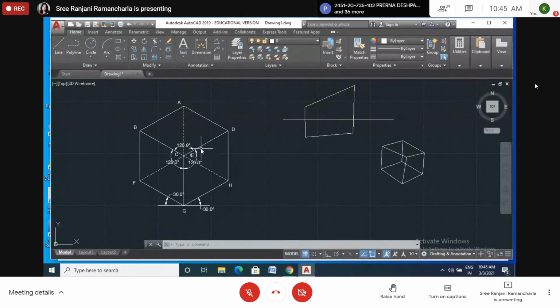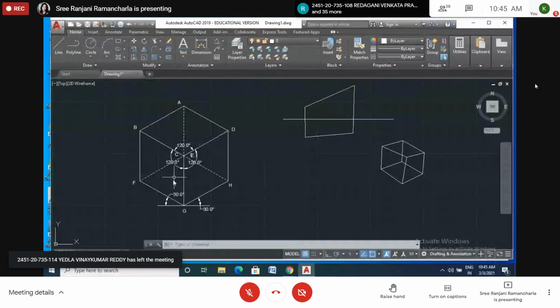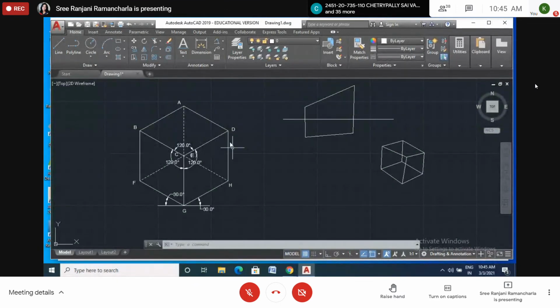Similarly here, instead of 90 degrees, all these angles are 120 degrees. This is a square face, but it is looking like a rhombus, and the angle is looking like 120. Similarly all faces are like that. See this face also. This is another face, a square face, but it is looking like a rhombus because of this inclination.